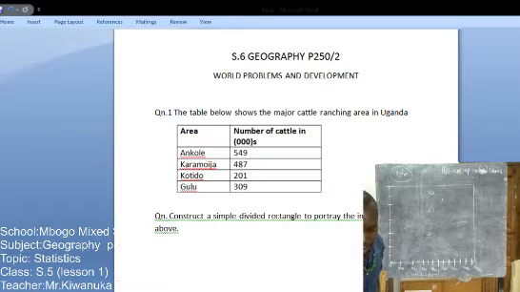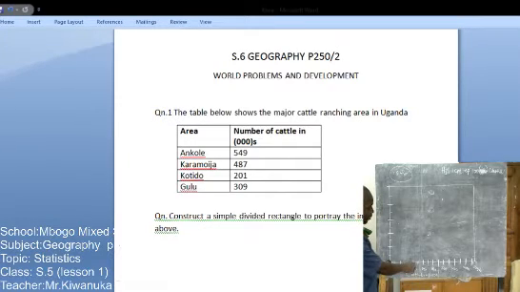When you look at Ankole, it is 549. There are two options. You may use a calculator, or you may stick to the horizontal scale. If you stick to the horizontal scale, for example, this is 500.